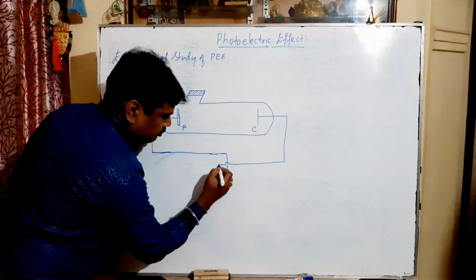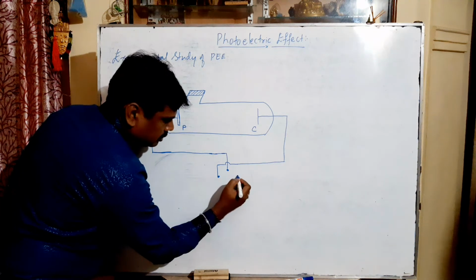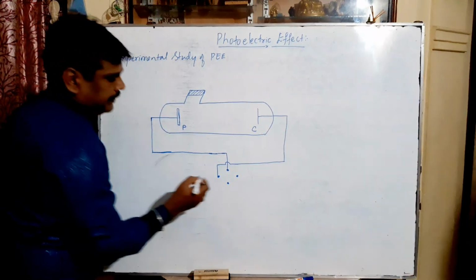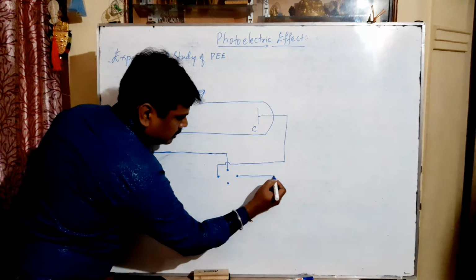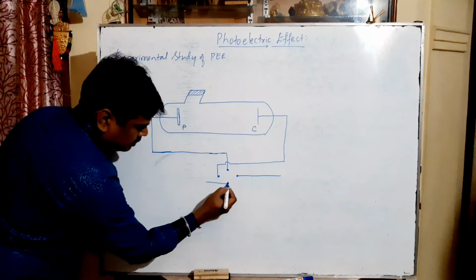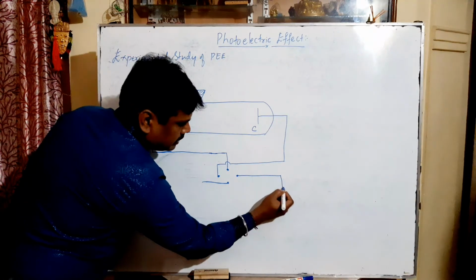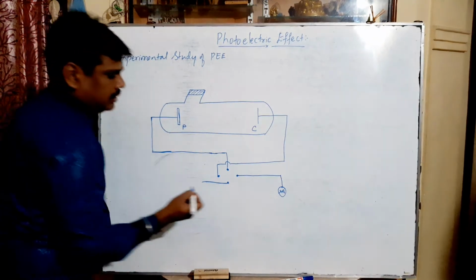I'll take the jumper and connect it to the other end, like this. And in series, a microammeter is connected to measure the photoelectric current.